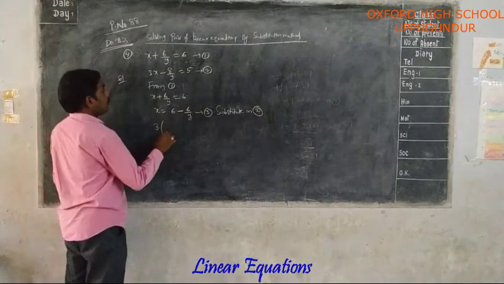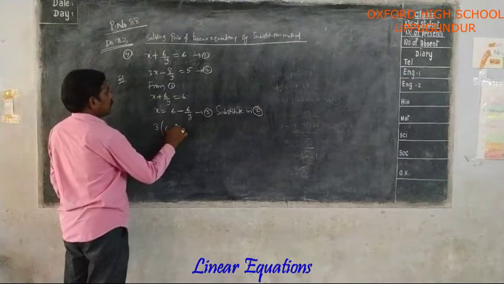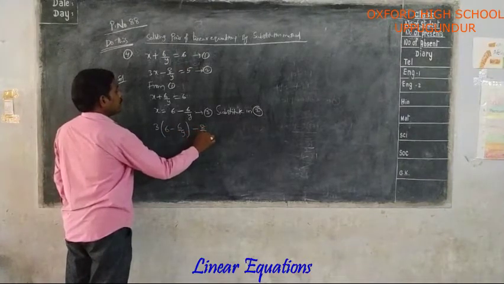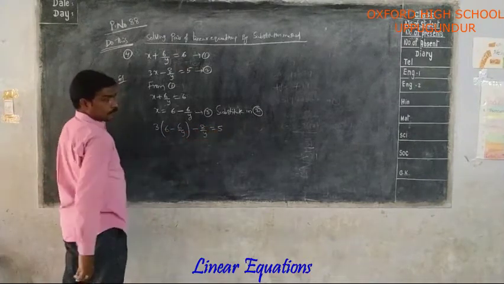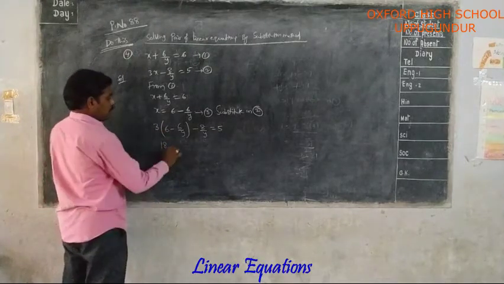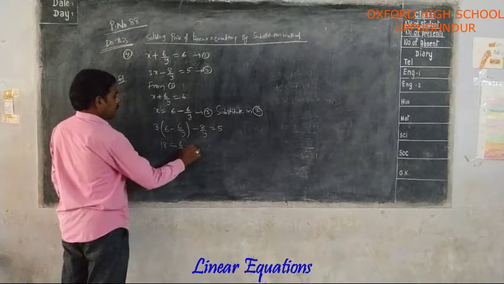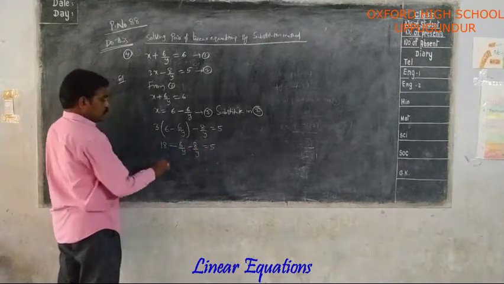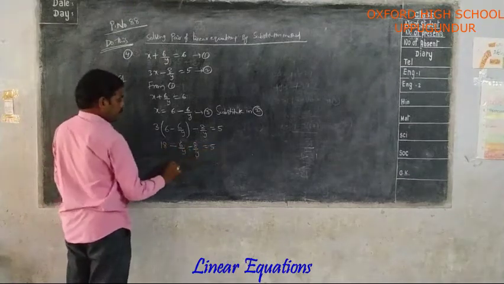3 into x value, 6 minus 6 by y, minus 8 by y equal to 5. 3 6s are 18 minus 6 by y minus 8 by y equal to 5. Transposing 18 to the right side.